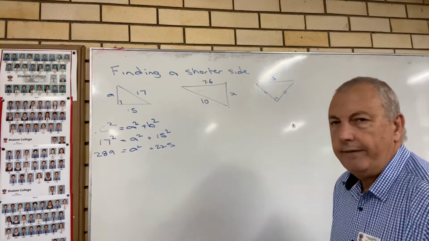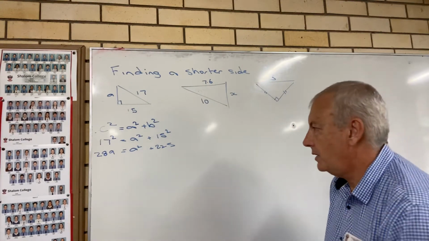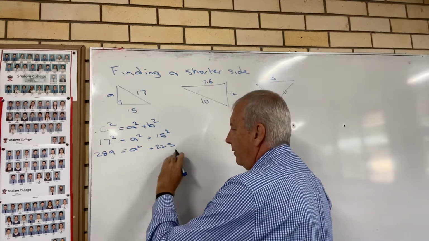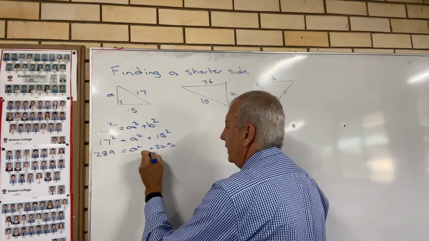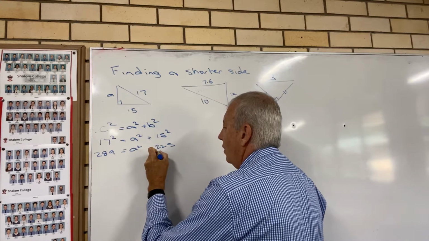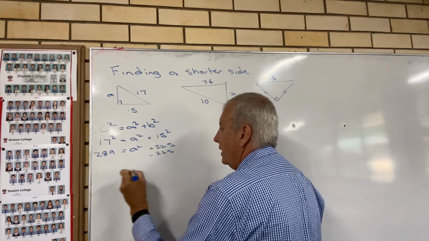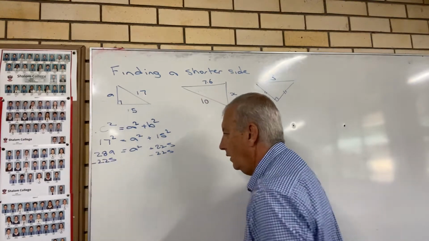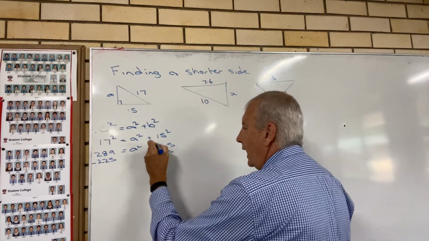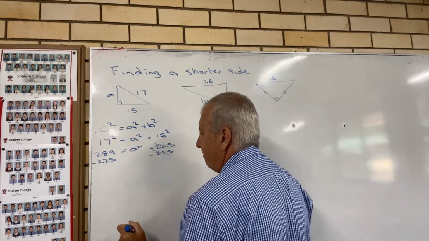Now, we have a simple equation which we need to solve. If we want to move our 225 across to the other side, we go minus 225 on this side, minus 225 on this side. They will cancel one another out.